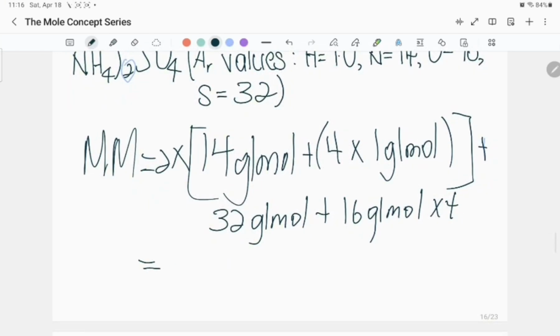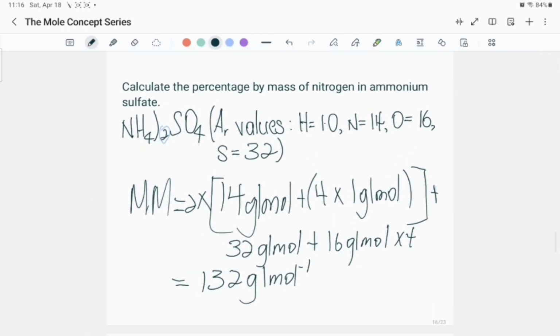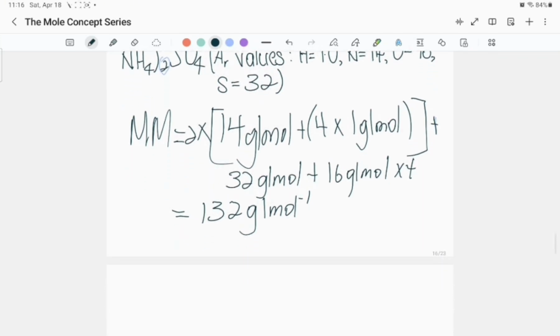And we must have a total sum that equals 132 grams per mole. Now that we have found the overall mass of ammonium sulfate, we could go on to find how many moles of the nitrogen atoms are present in ammonium sulfate.